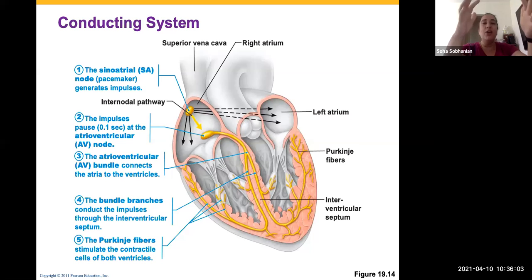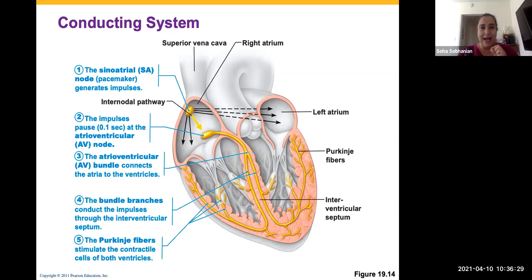The SA node starts the process and passes the message to the AV node. The AV node passes it to the AV bundle, then the right and left bundle branches, and then eventually the Purkinje fibers. What they're actually doing is spreading electrical impulses in the heart that lead to muscle contraction.